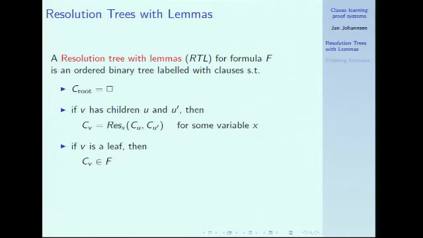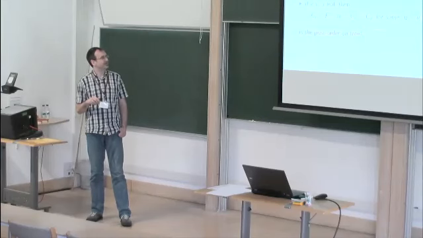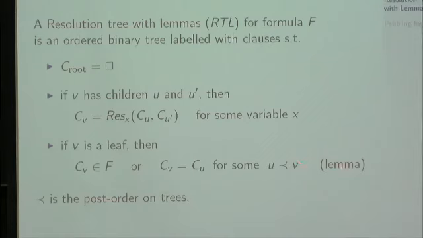So far so good, we've all seen this before. Now comes the new part. Or it is labeled by a clause which is the label of some node which occurs earlier in the tree. And earlier in the tree means it occurs earlier in the post order of the tree. And if that is the case, then we call such a clause at a leaf a lemma used in the proof.